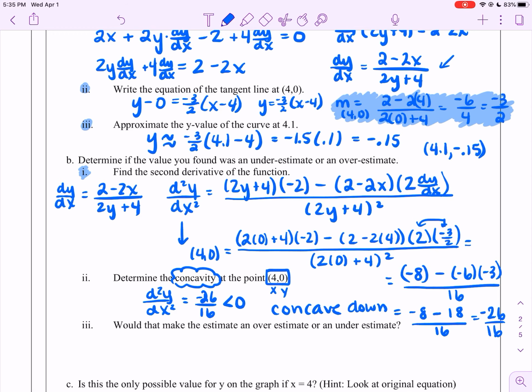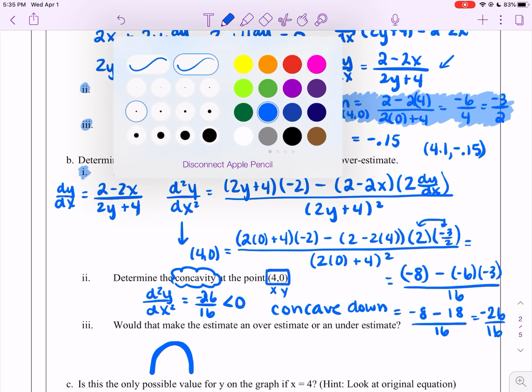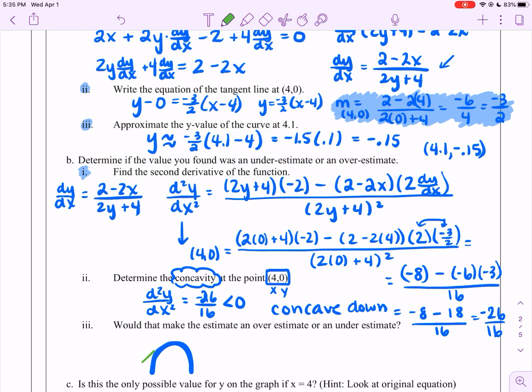Since our graph is concave down, it's going to look something like this, and that would mean that anywhere the equation of the tangent line is written, as long as it's concave down, that tangent line will produce an overestimate. So the number that we found, the negative 0.15, is an overestimate of the actual coordinate on the graph.